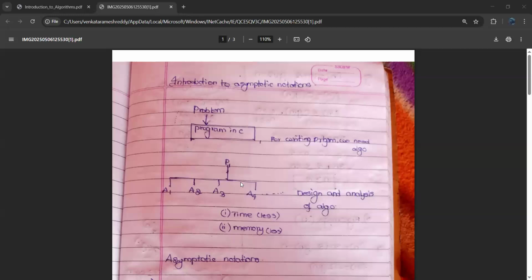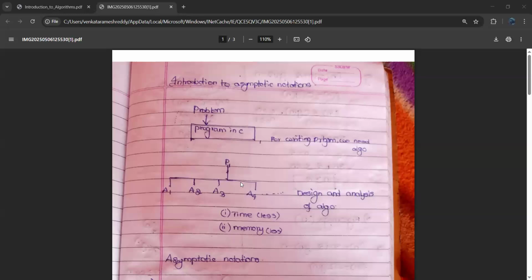Based on time and memory, we have to choose the algorithm for the given problem. Whatever algorithm is taking less time and less memory is the best option, suitable for solving the problem. So whenever you are given a problem and there are various algorithms to solve it, we have to consider only time and memory.